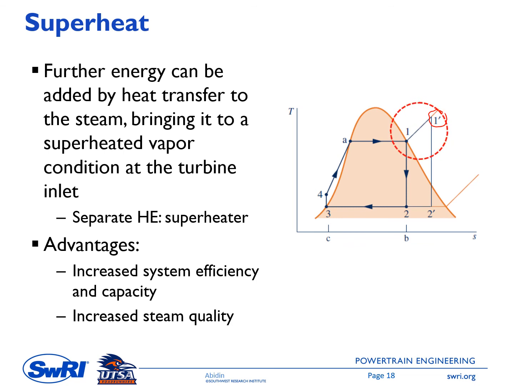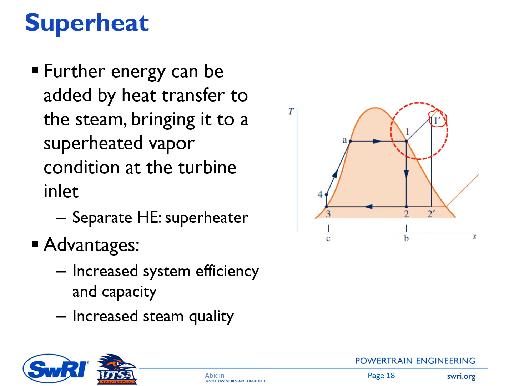By looking at this TS diagram, we can see several advantages of having a superheater in the standard Rankine cycle. First, you can see that the temperature at the hot side increases. Before we have a superheater, TH is the average temperature between point 4 and point 1.